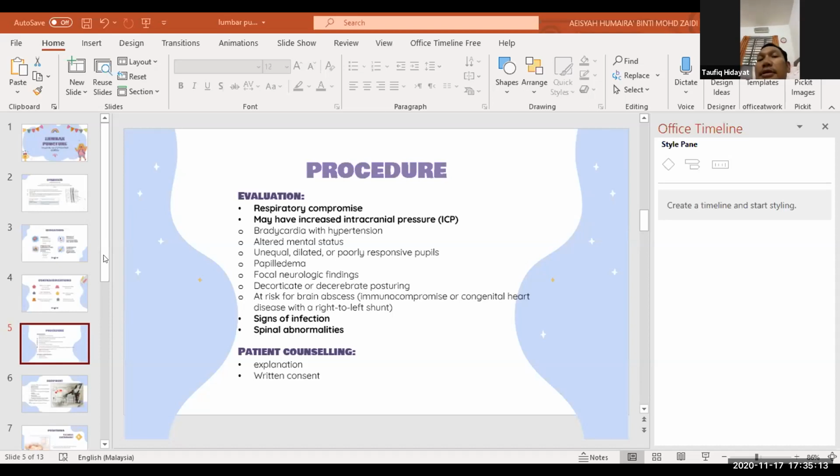So we usually do CT first, and if it is during working hours, we do the LP together. But if it is at night, after office hours, we usually do it the next morning, because LP sampling is usually during working hours. Even on weekends, Saturday and Sunday, it is usually 8 to 5 as well. At midnight they don't receive the sample.